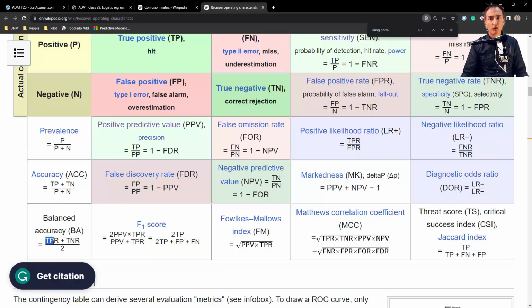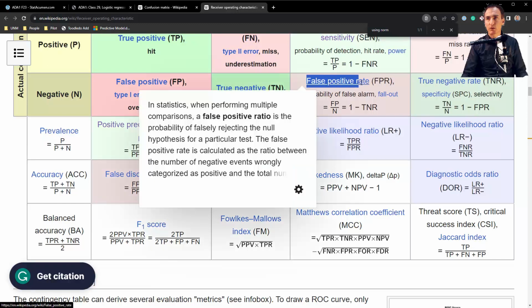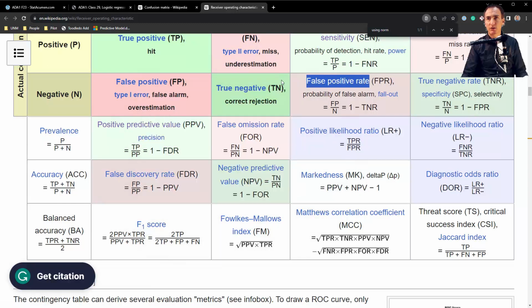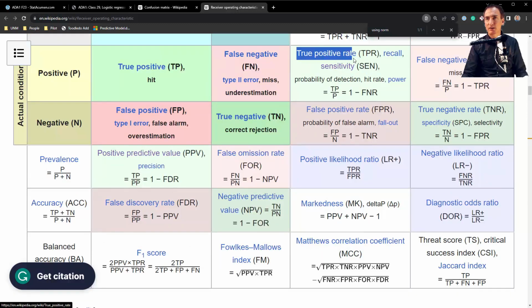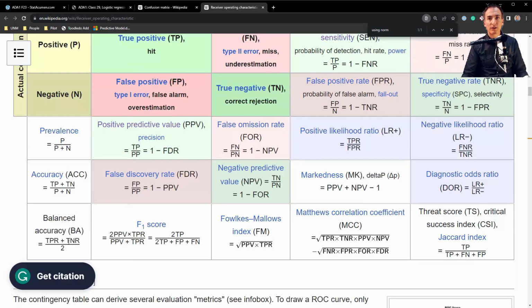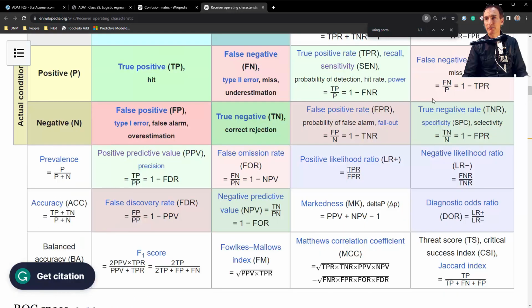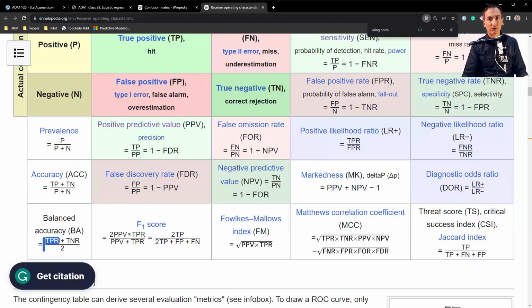It is the true positive rate, TPR, that's our sensitivity, plus our true negative rate, which was our specificity, so we know what both of those are. That's the proportion of females correctly classified, the proportion of males correctly classified, and we're just taking the average. So the average is a balance.